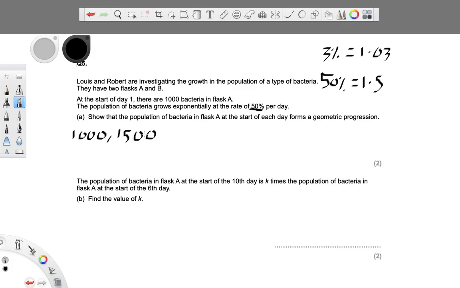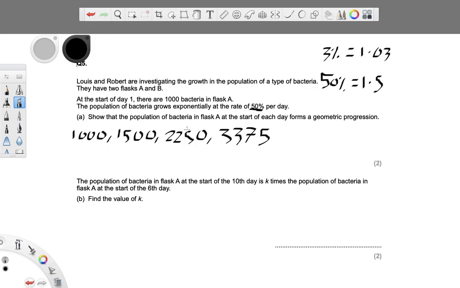And then we take that and we multiply it by 1.5, and that will give us the third day, which is 2,250. And again, we take the 2,250, times that by 1.5, and that will give us the fourth day, which is 3,375.